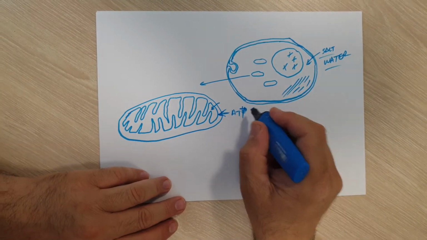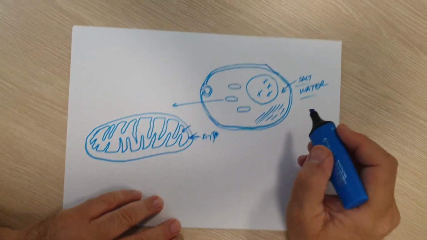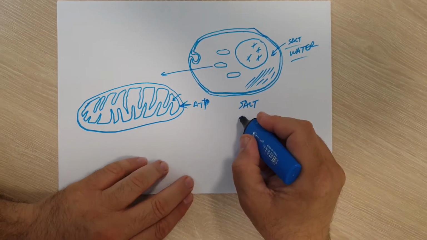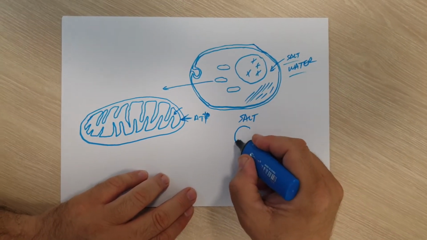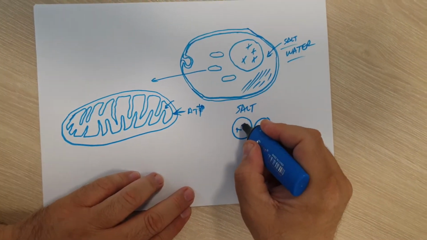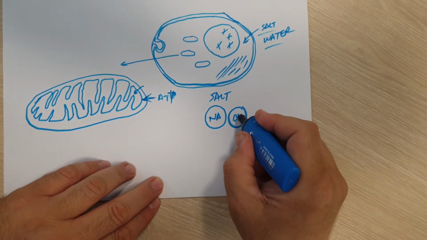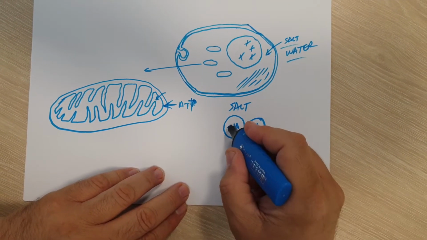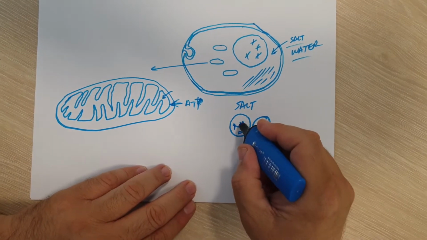So one of the things that it's doing is salt and water. If you think about it, salt is basically two atomic structures, what we call sodium and chlorine. The chlorine is a gas, and the sodium is a metal.